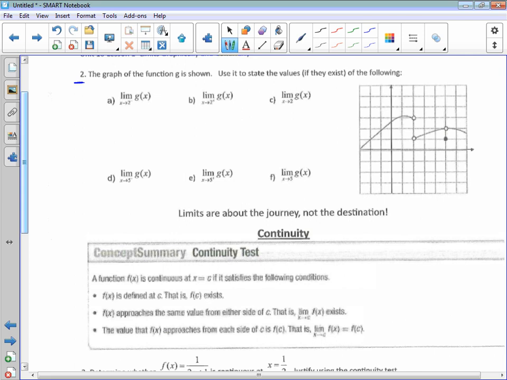Limits are about the journey. Yes, limits are about the journey. Check with someone around you, see if you agree.